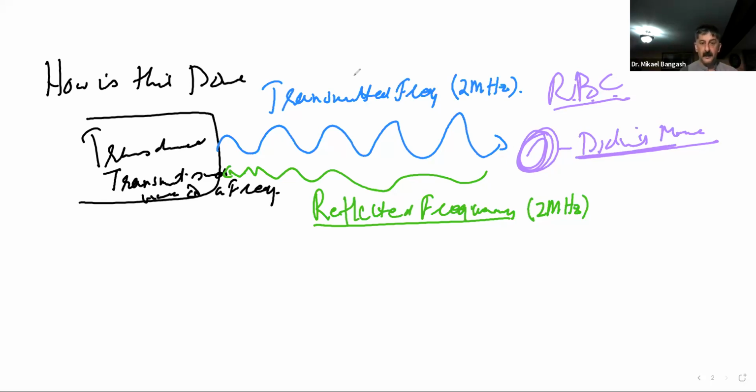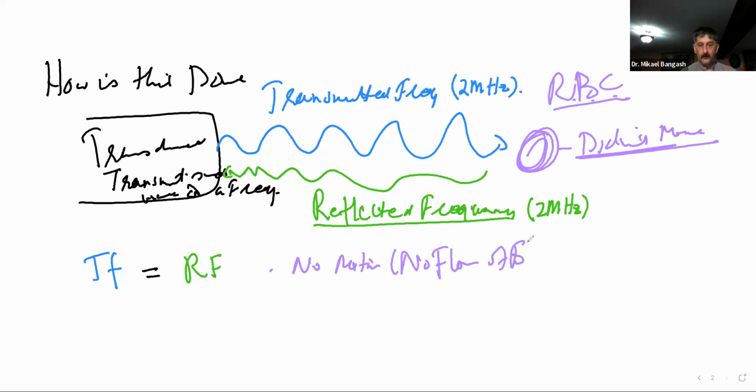Now, if your transmitted frequency is equal to the reflected frequency, that will mainly indicate that there is no motion, or no flow of blood.